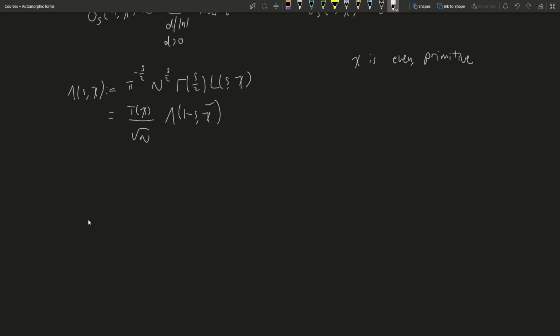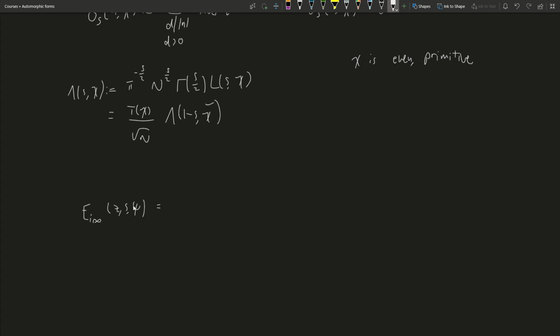We have E at the cusp infinity, z, s, chi. Or let me write psi. This was previously just called E z, s, psi, but now I'm specifying this is at the cusp infinity.